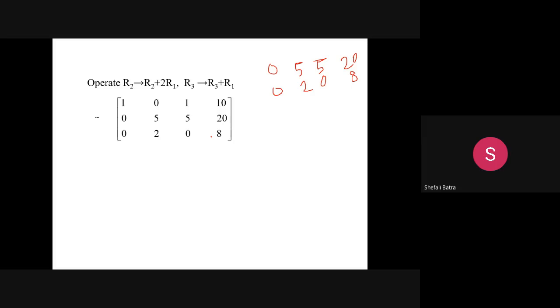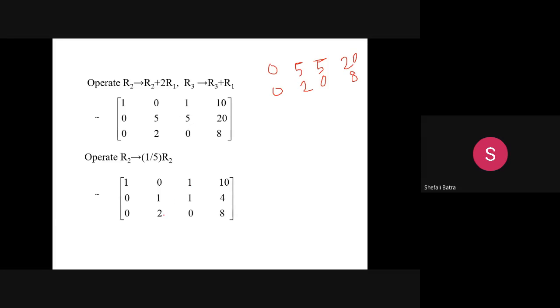Now, what next? I need 1 here, so I can multiply this row by 1 by 5. Do it. You will get 1, 1, and 4. Next, R3 implies R3 minus 2 times R2.